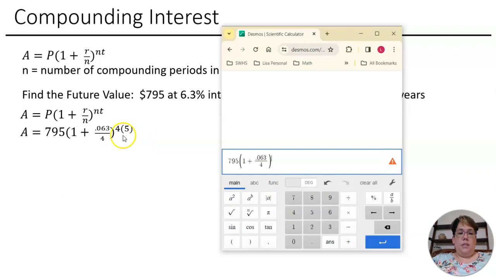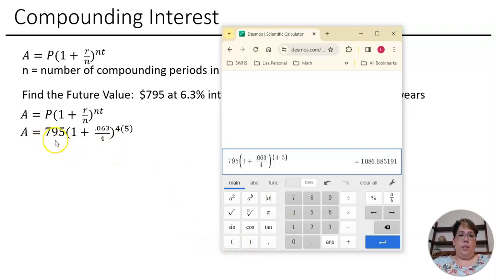Now this needs to be 4 times 5. You could just say that's 20, since 4 times 5 is 20. But if you're not good at doing that math in your head, you would use parentheses: parentheses 4 times 5, and then close your parentheses. So you really just make it look like you see it right here.